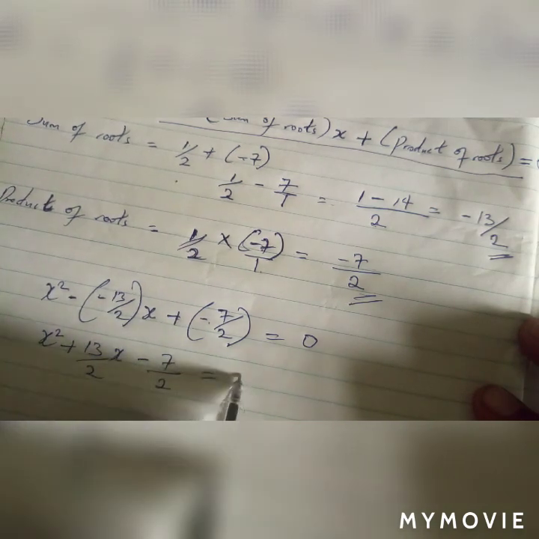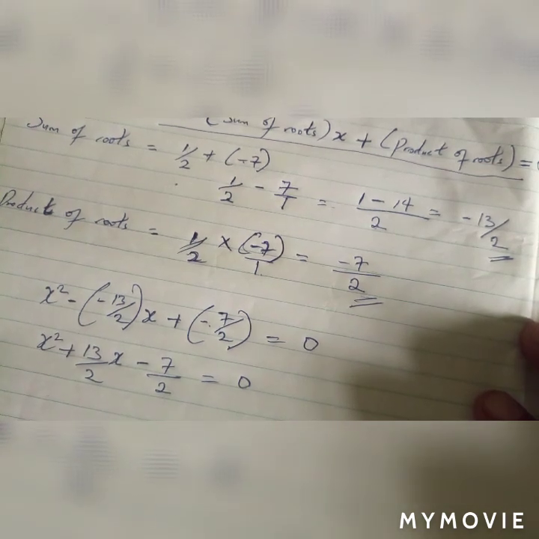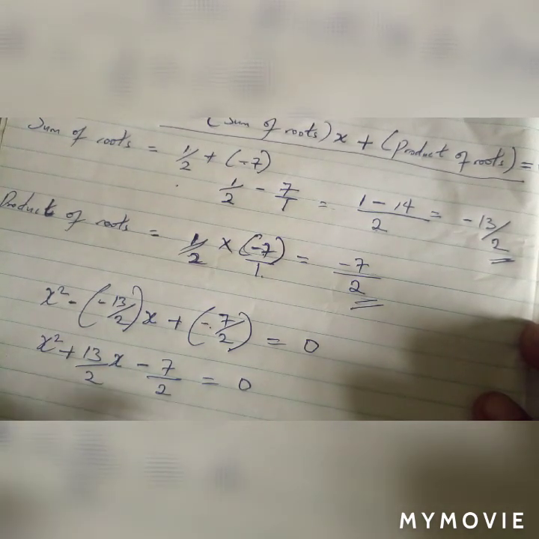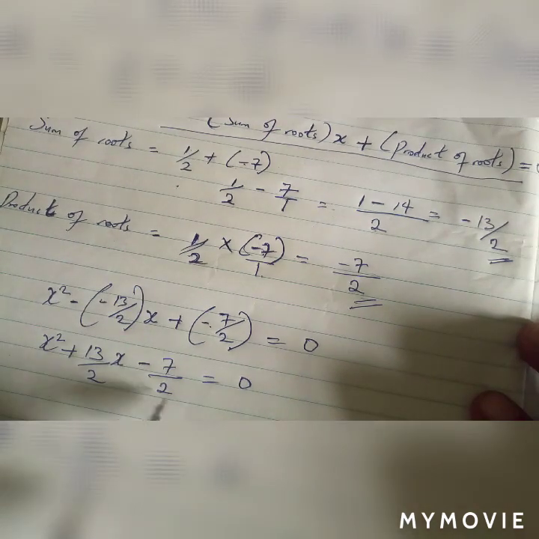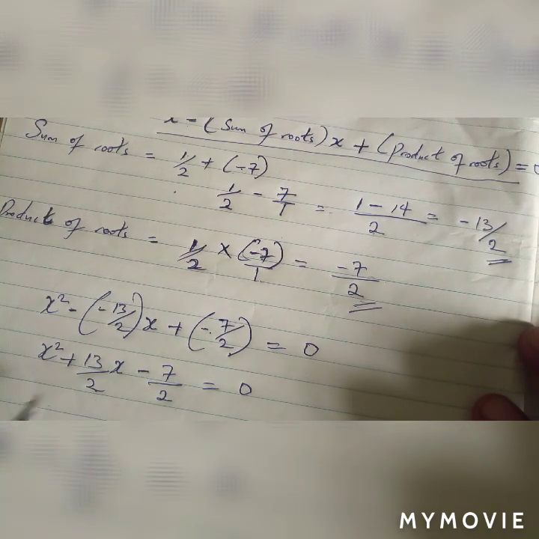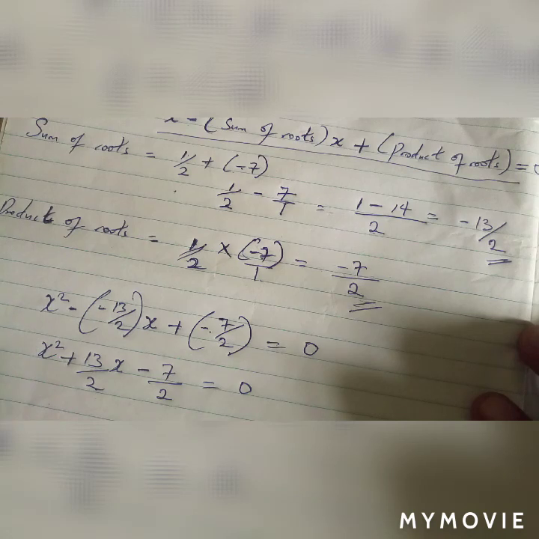Okay, so we want to clear this fraction. They are in fraction form, so what we have to do is to multiply through by 2. Since the denominators of the two fractions are 2, we multiply through by 2.